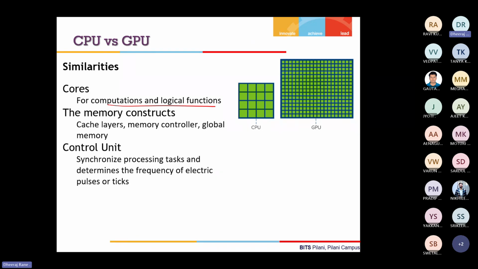So if we try to figure out the differences between the two, then definitely one difference has already been pointed out by Ravi, that the number of cores will considerably differ. Say it being CPU, it will be somewhat limited, while in GPU, the purpose is totally different. In CPU, we are not restricting it to a single type of instruction.